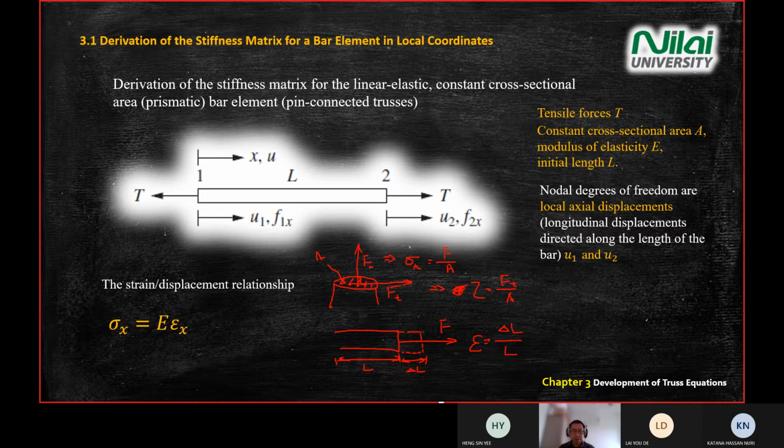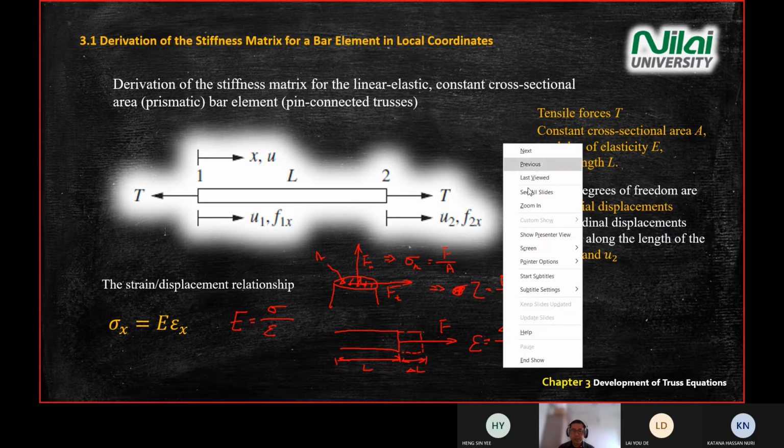So this is the fundamental, and you link Young's modulus with stress and strain. That's why you get this equation. This one you learned in another module, in your statics and dynamics class.